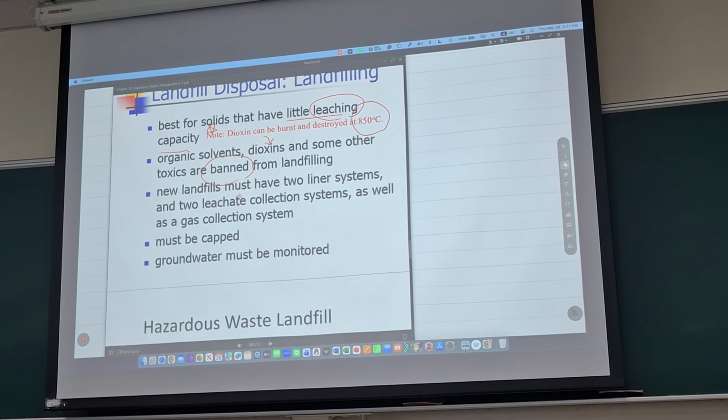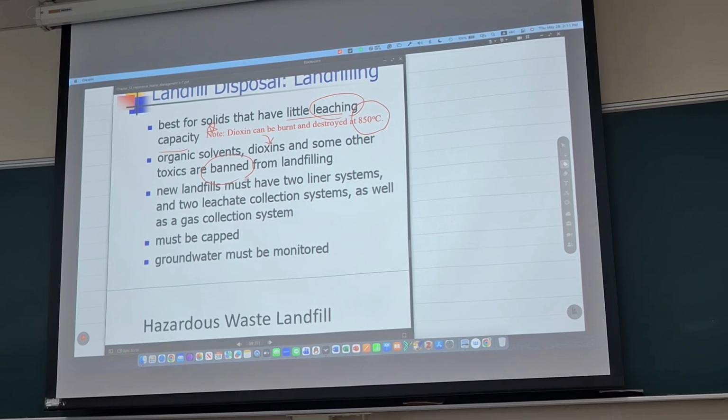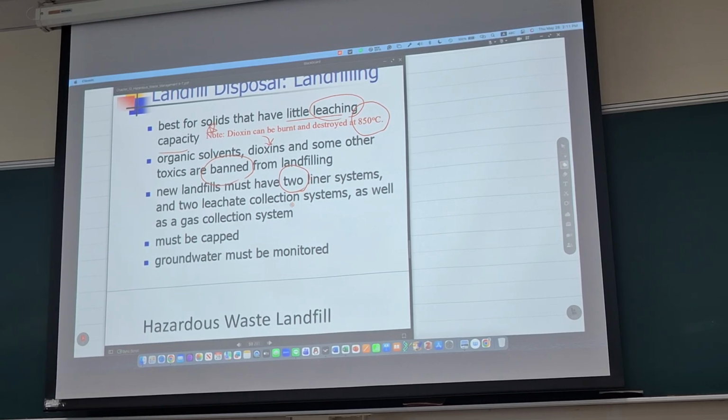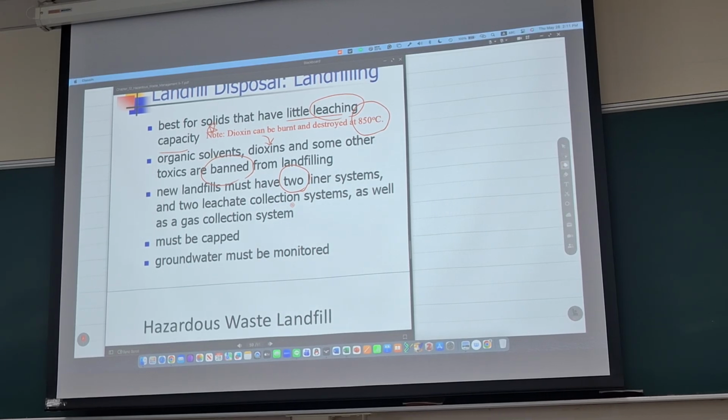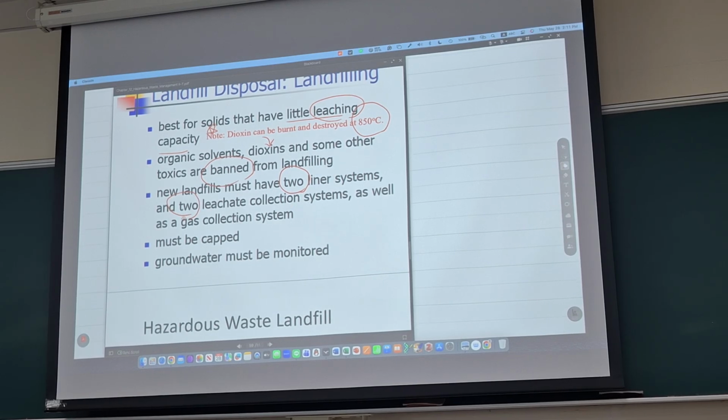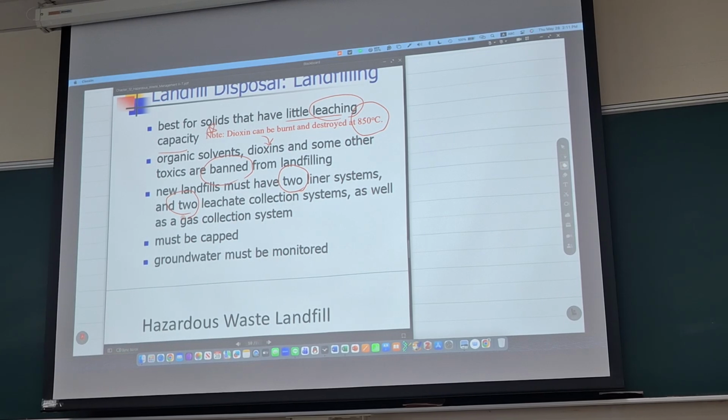And also keep this one in mind. For hazardous waste, you must have at least 2 liner systems and 2 leachate collection systems. For some household solid waste, you don't need a cap.